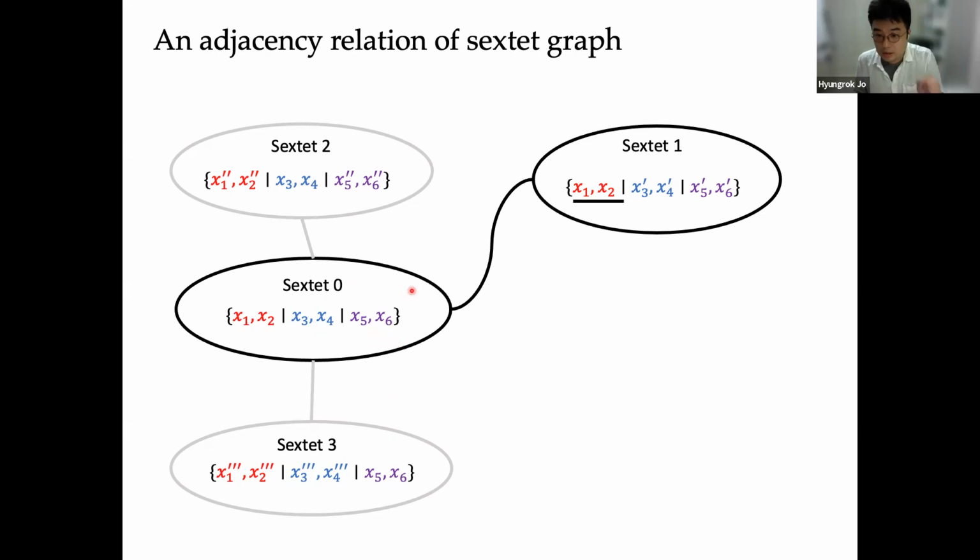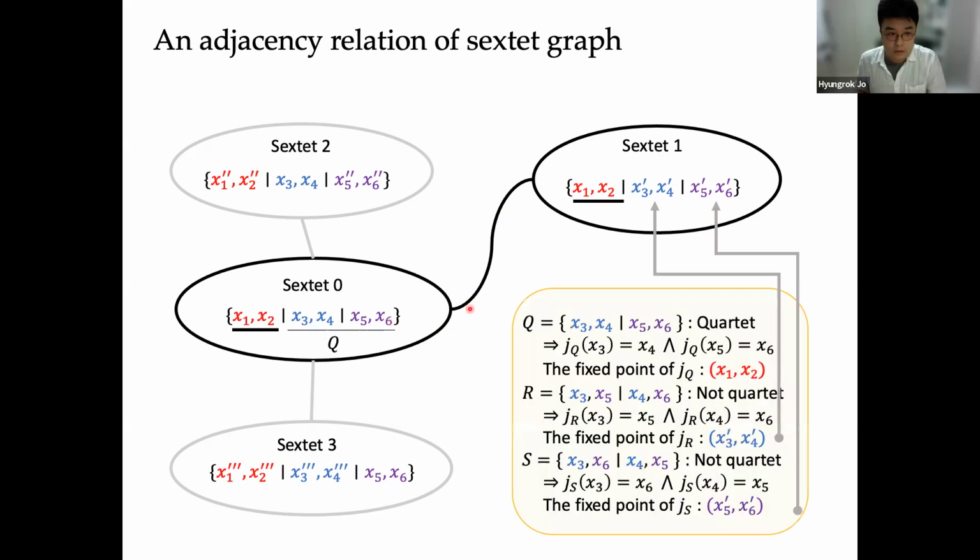And we consider only this adjacency relation. So from here, we consider all combinations of 4 points without this duet: X3 and X4, and X4, X5, X6. Then this is Q, and this is a quartet. We already know this because we started from sextet 0, which is by definition a quartet.